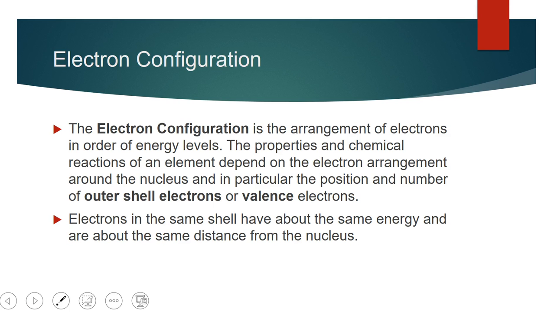Electrons in the same shell have roughly the same energy and are considered to be roughly the same distance from the nucleus. So shells are our largest kind of energy grouping that we see in atoms.